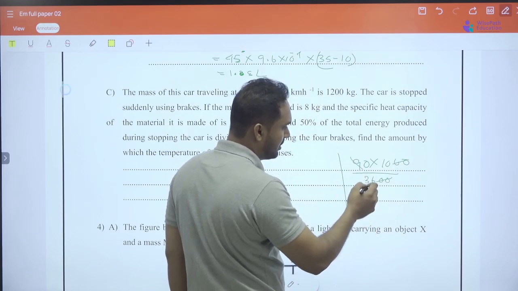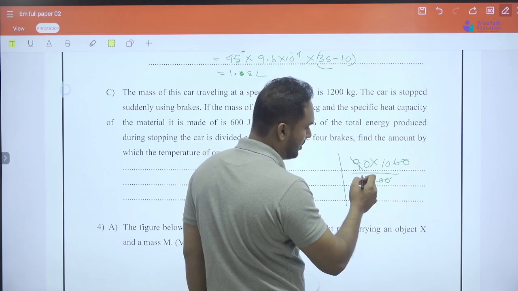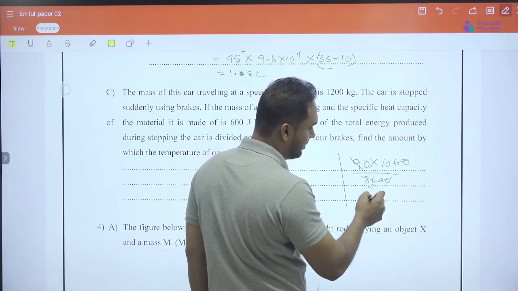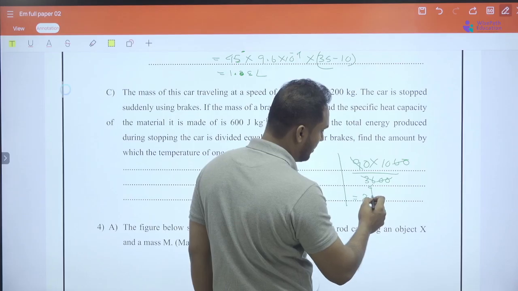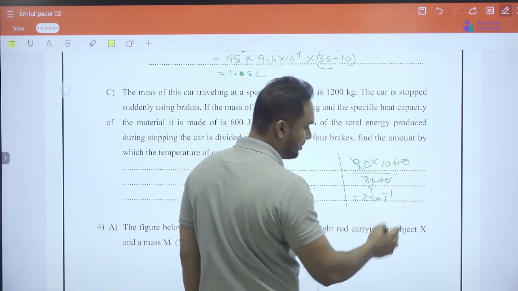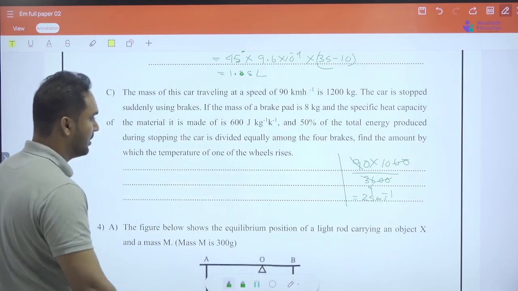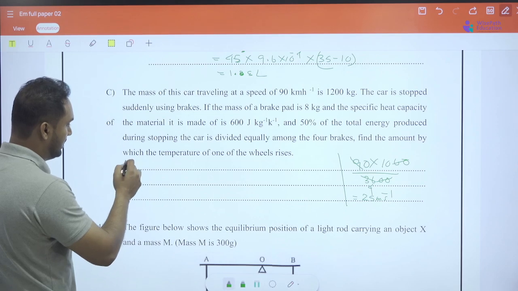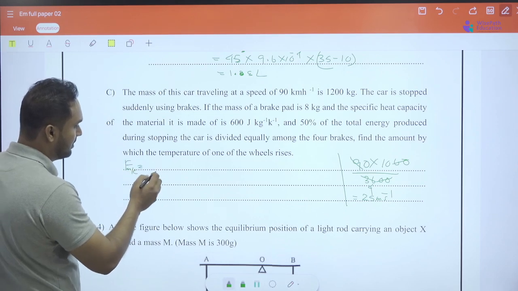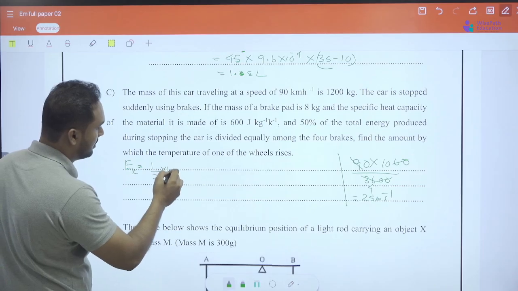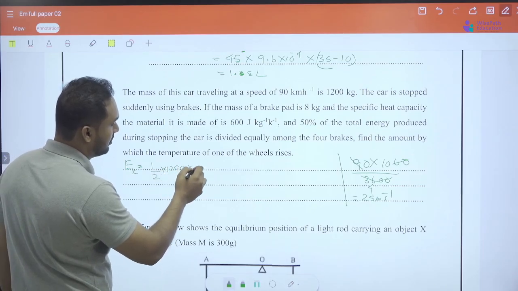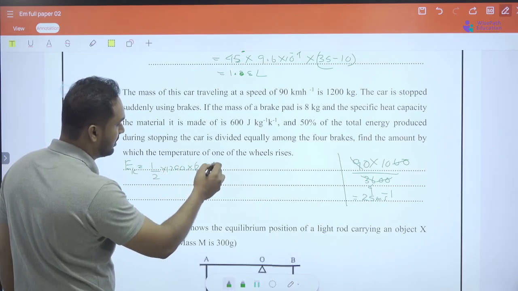It is 25 meters per second, right? So the energy EK will be half mv square, half into 1200 into 25 squared.